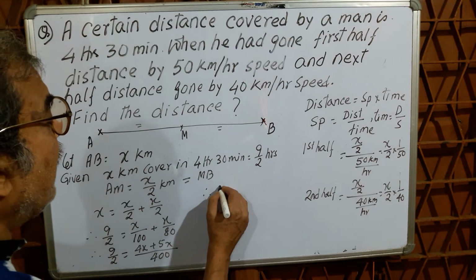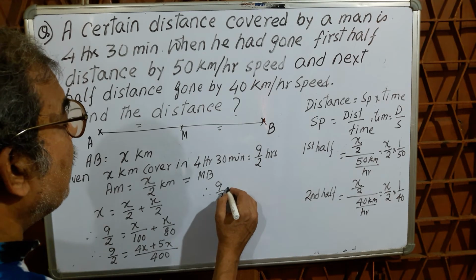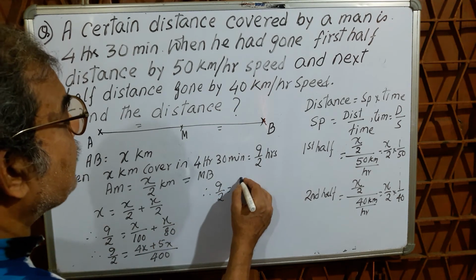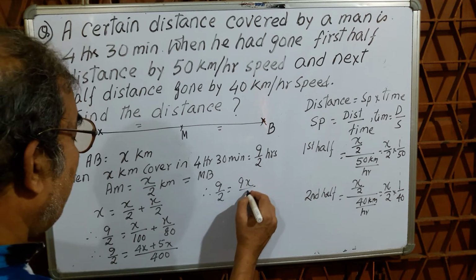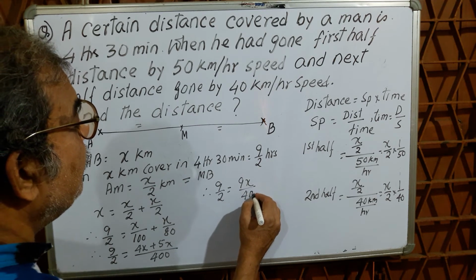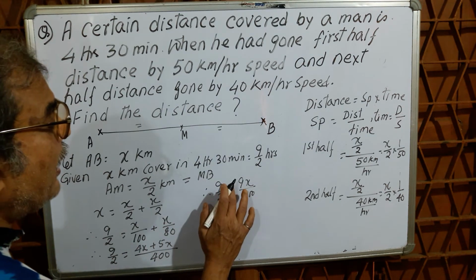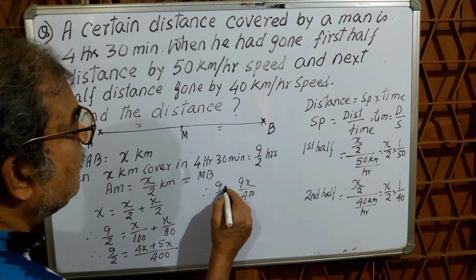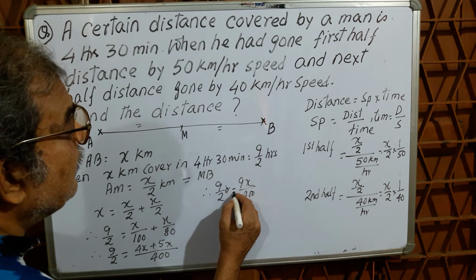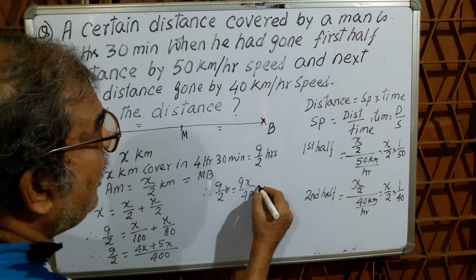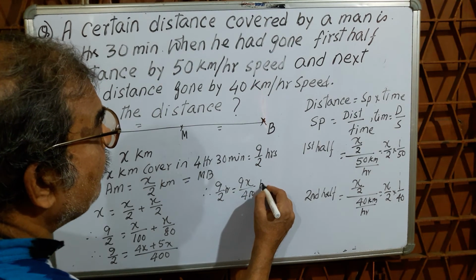Therefore 9 by 2 equal to 9x by 400. This is also hours, I did not write it, you have to write it. This is hour, this is hour, and this is kilometer. This is also hour.